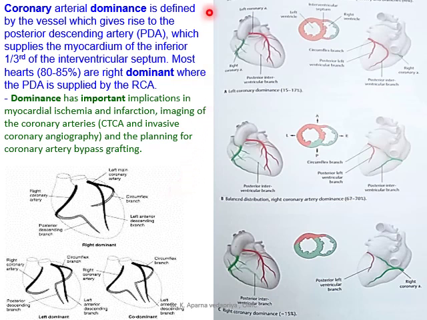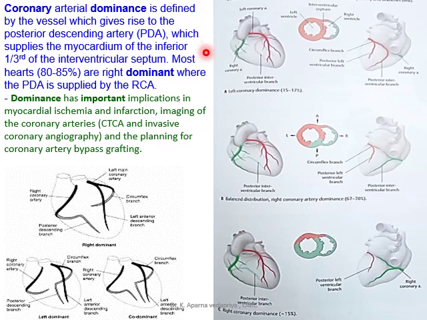And coronary dominance is defined by the vessel which gives rise to the posterior interventricular artery, which supplies the myocardium of the inferior 1/3 of the interventricular septum.